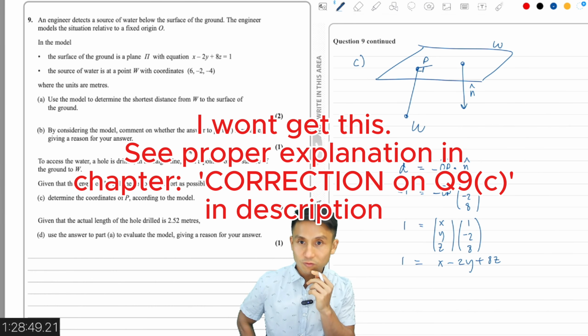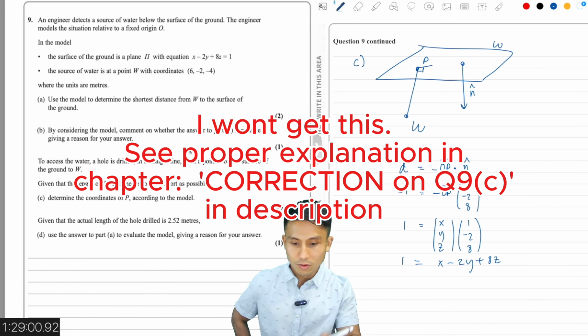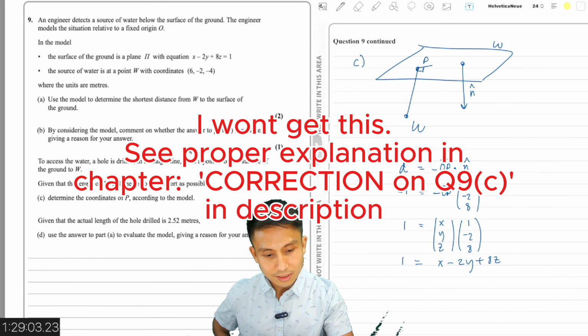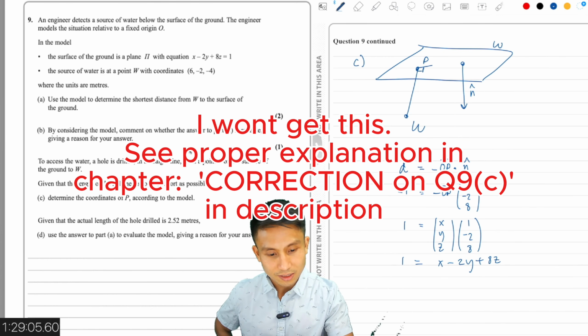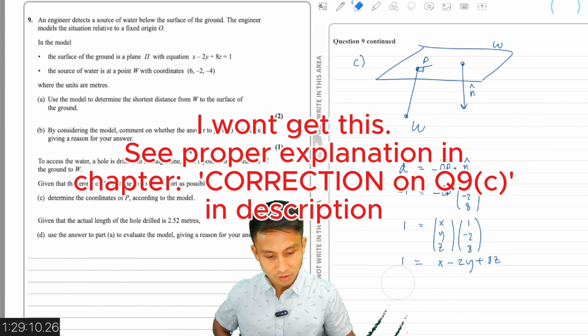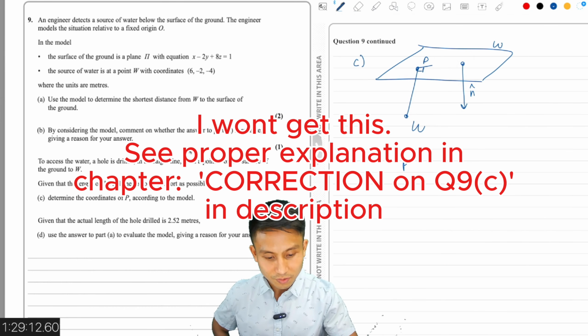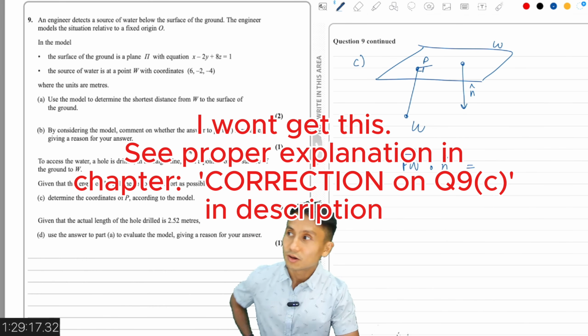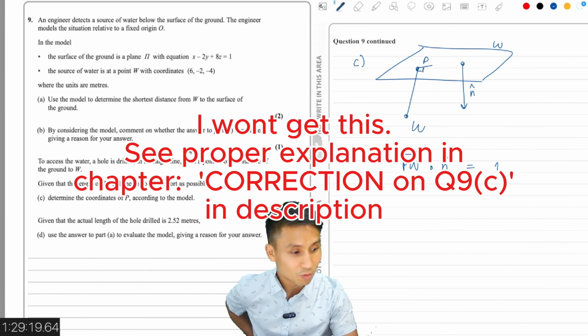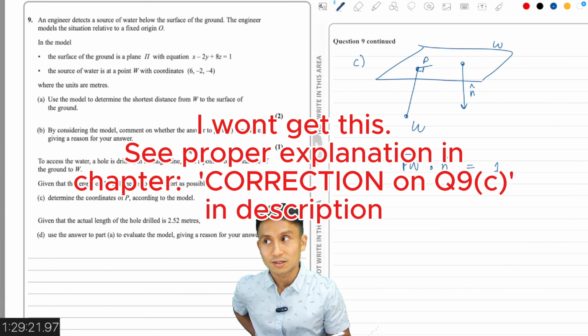We know the position vector of W. So I'm thinking, because this must also be perpendicular to the plane, and the normal vector is perpendicular anyway, I'm going to try something like PW dot N should be equal to, because they're parallel, a 1, right? Parallel, cos theta 0.